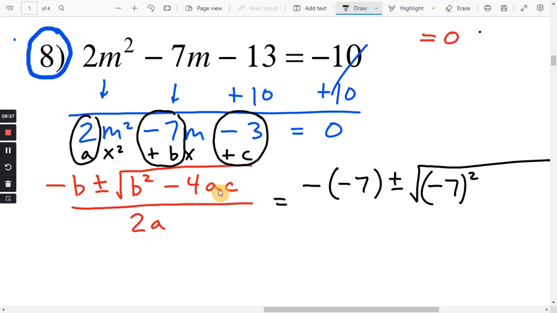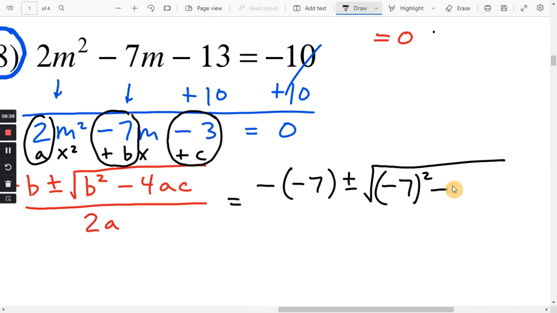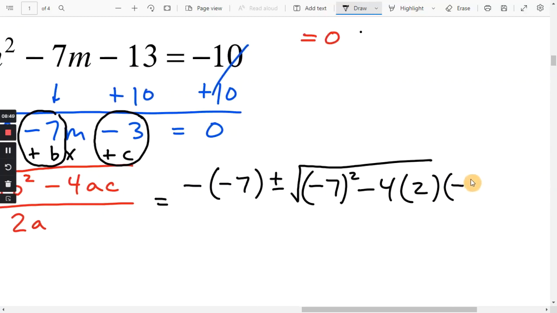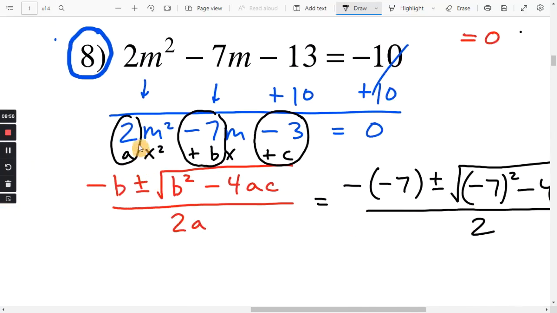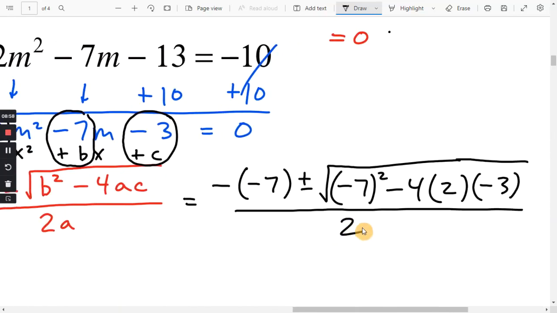And minus 4 times a, which is 2, times c, which is negative 3. And that whole thing is divided by 2 times a, which is 2.